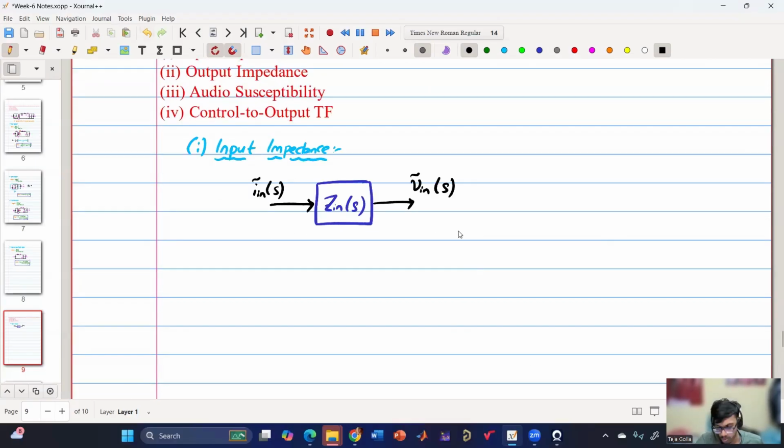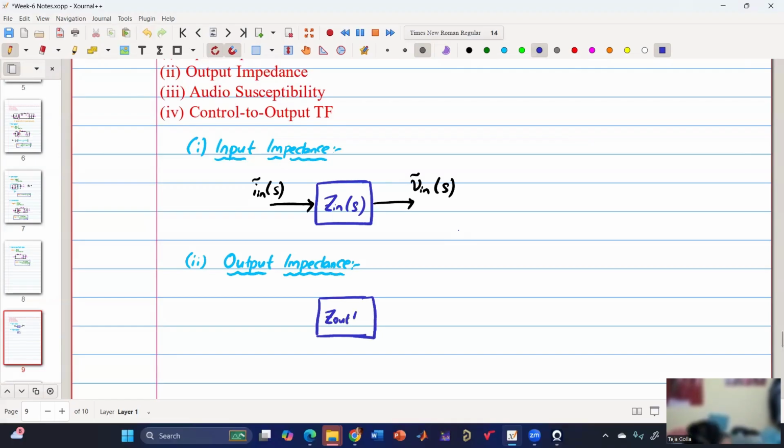Now let us go to output impedance. We have Z out of S, and the input is, what is the input and what is the output?